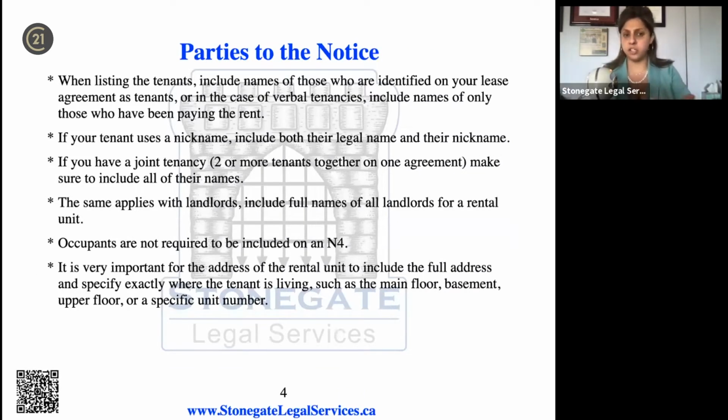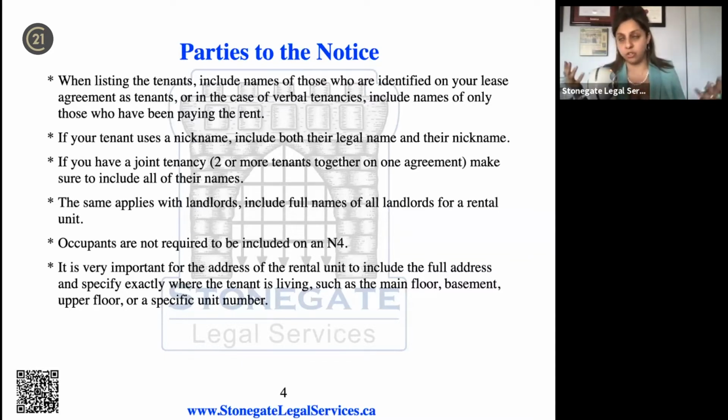Let's talk about parties to the notice, because now we're going to start to dissect the N4. When you're listing the names of the tenants, include all of the tenants on the lease. Remember, the tenants on the lease. In case of any verbal tenancies, because we know that not everybody has a lease, only include the names of those who've been paying the rent.